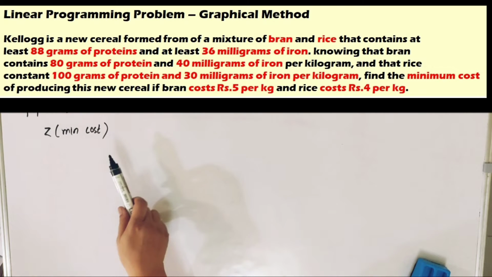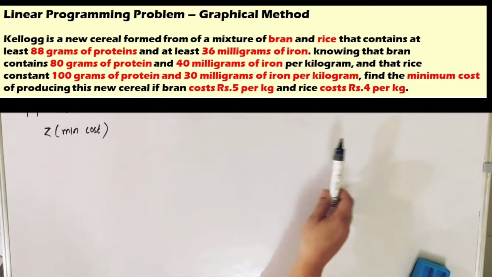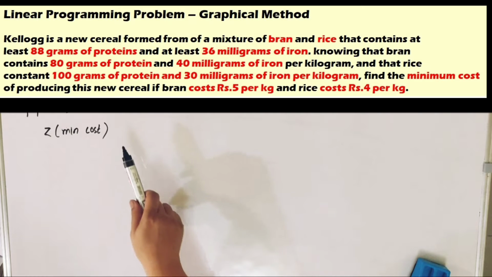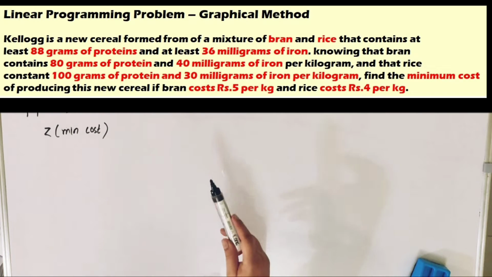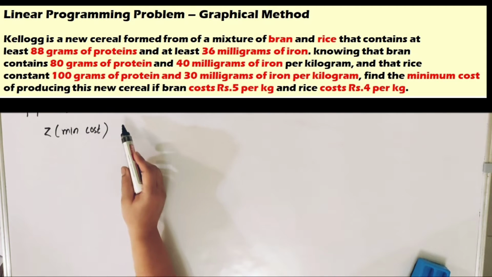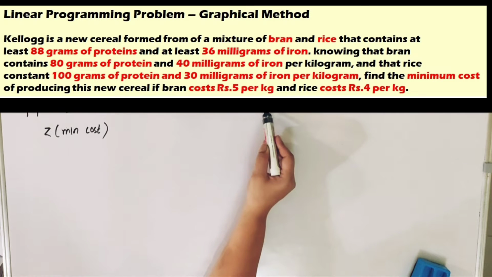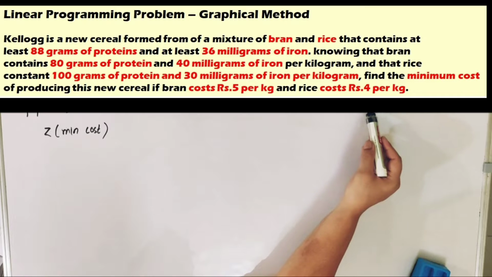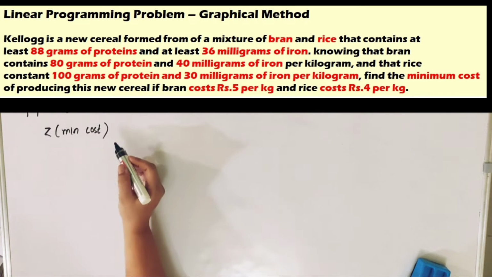Using these constraints and variables, we'll have to find the minimum cost that can be incurred in arriving at this new cereal. It is also mentioned that the cost for producing this new cereal is 5 rupees per kg for bran and 4 rupees per kg for rice. So using this, we can arrive at the objective function.